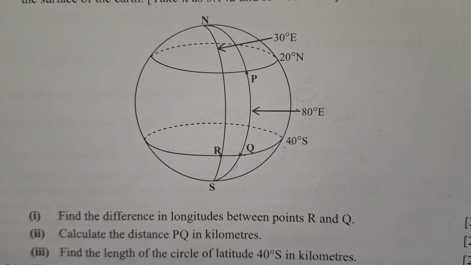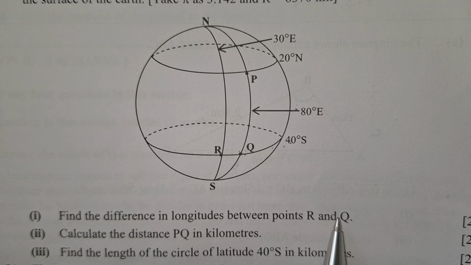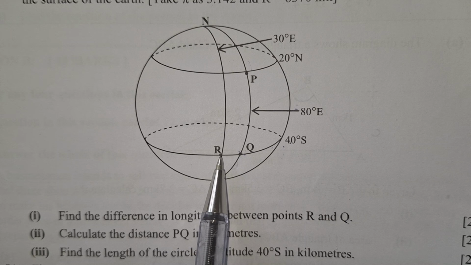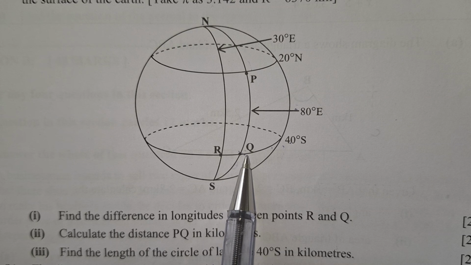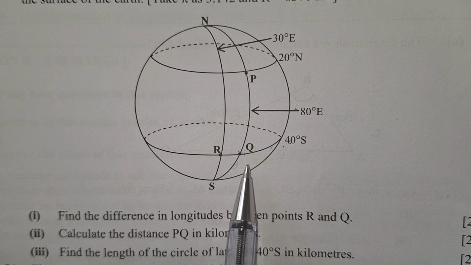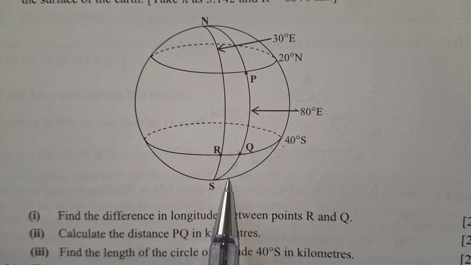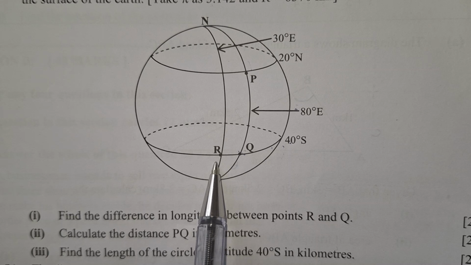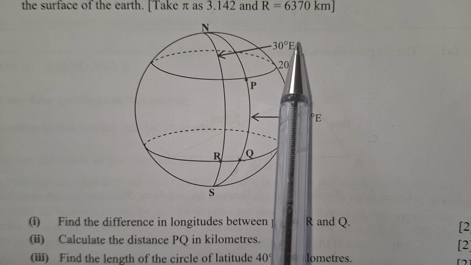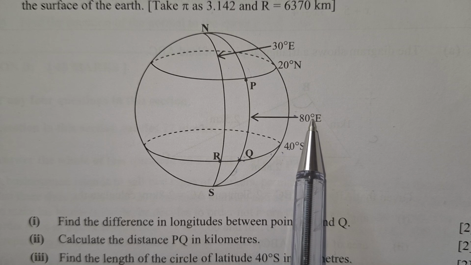On the first question, they want us to find the difference in longitudes between point R and Q. So R is right here, Q is here. So this is the latitude, and the difference that we're trying to find is between this longitude and this other longitude. So there's longitude R, which is 30 degrees, and longitude Q, which is 80 degrees.